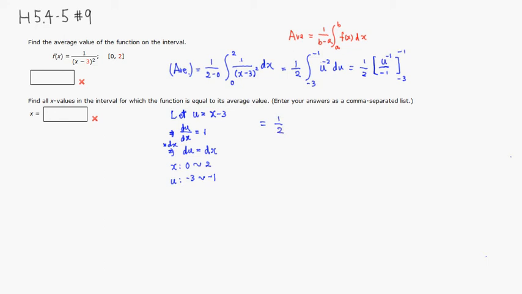Plug in negative 1: negative 1 to the negative 1 is negative 1, divided by negative 1 is positive 1. And then here, negative 3 to the negative 1 power is negative 1/3, and then you have negative 1, so it's minus 1/3.